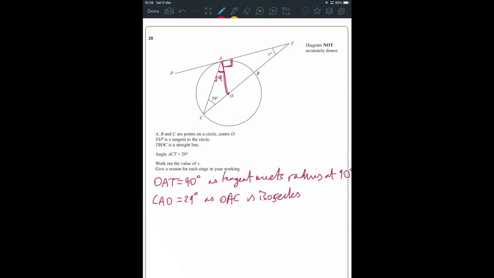Well, then I can find the angle at AOC. AOC is 180, take away 29, take away the other 29. 180, take away those two, gives that angle is 122 as angles in a triangle add to 180.